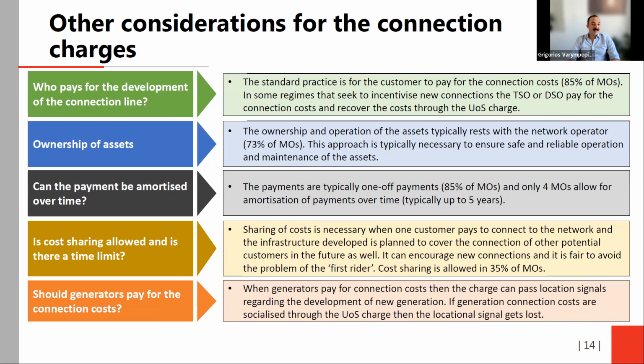Ownership of assets, who should own the asset? The most typical approach is for the TSO or DSO to own the asset, even if the customer pays for it. And this approach is mainly adopted to ensure the safety and the reliable operation and maintenance of the grid.